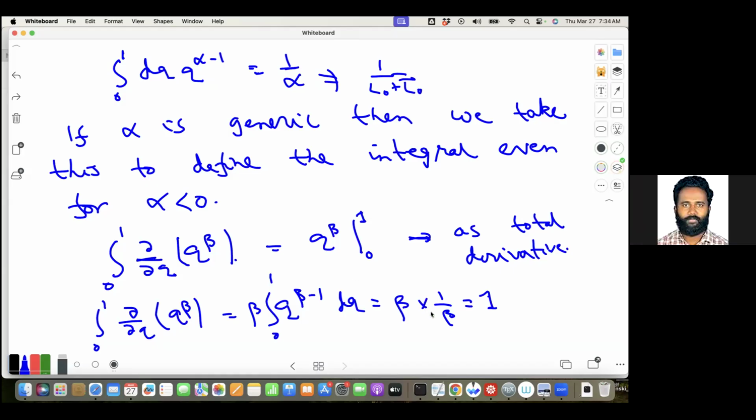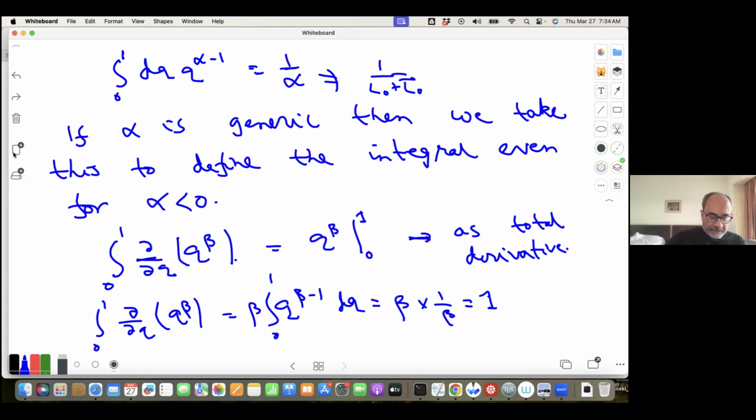Except when alpha is 0, because then this doesn't work, and you have to do something special with string field theory. This procedure works only when the momentum is generic. Is this clear?